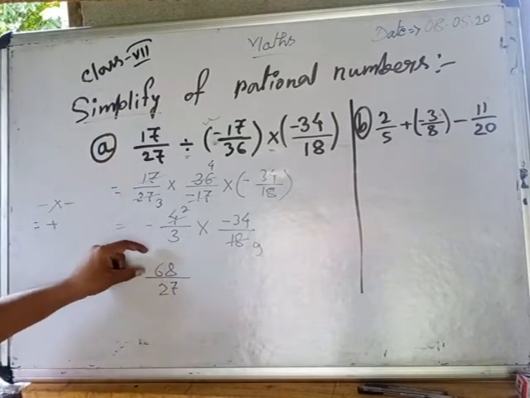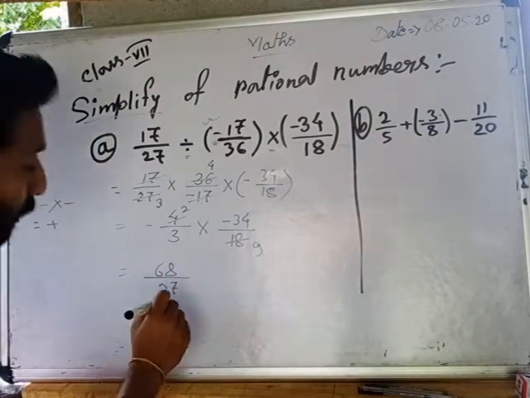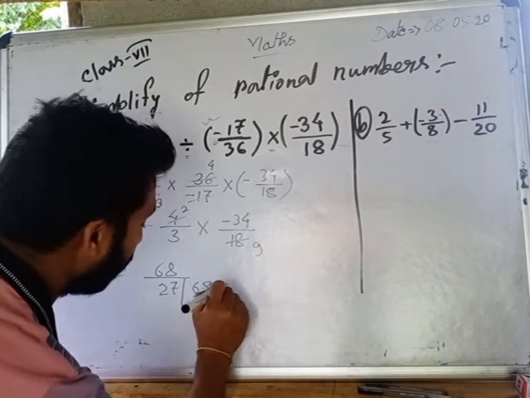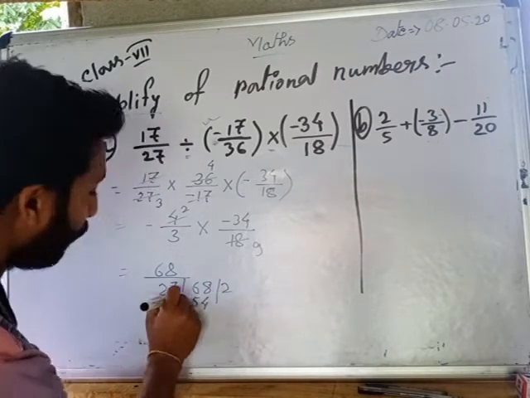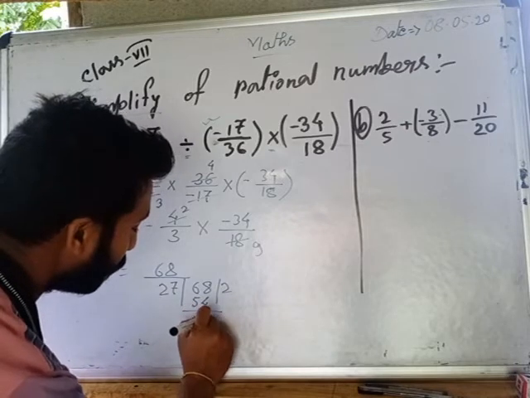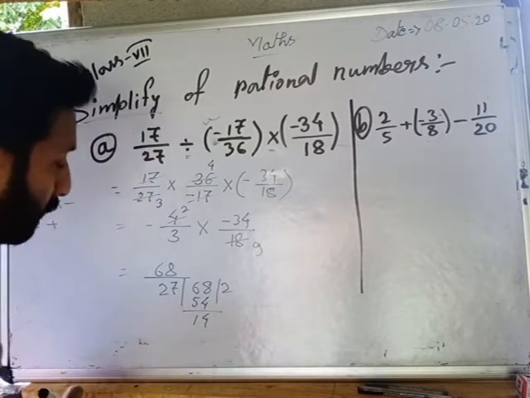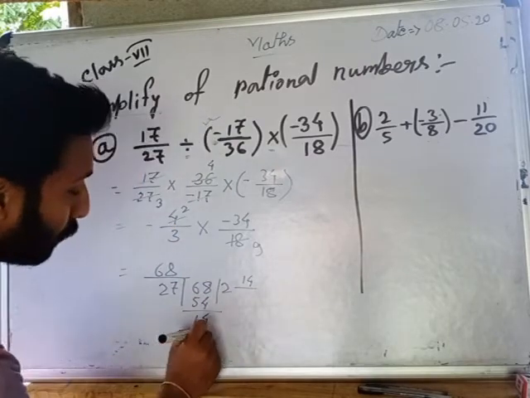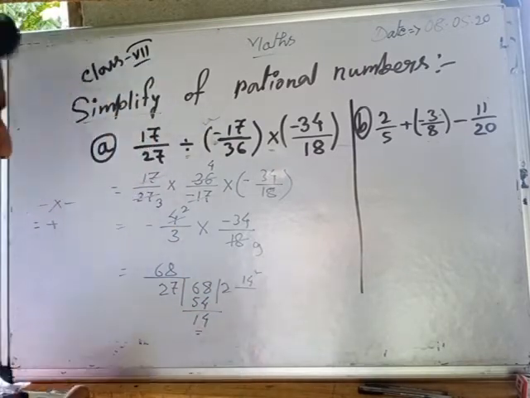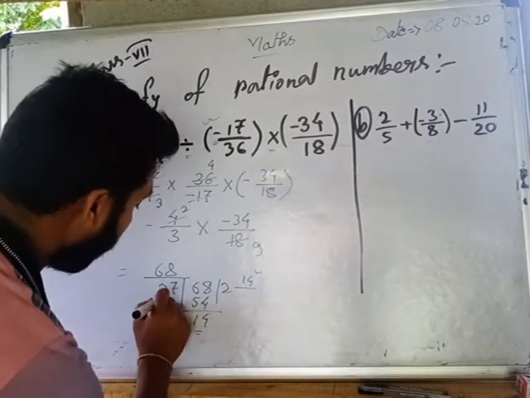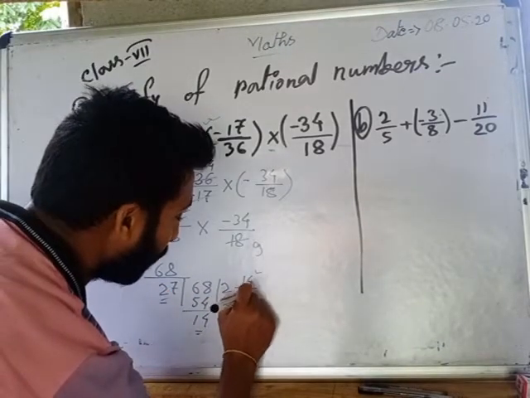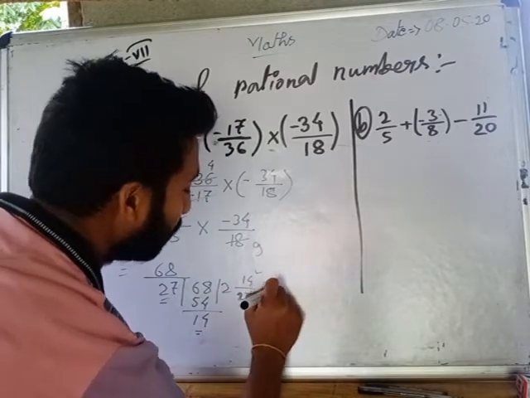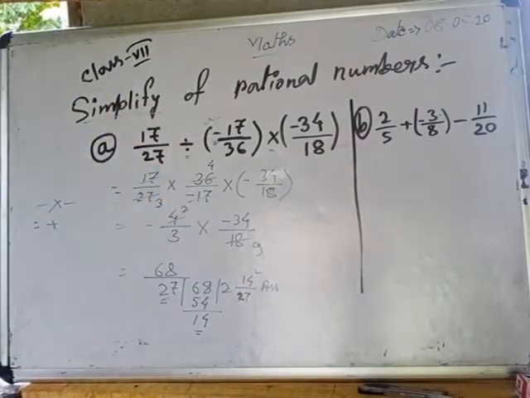If the numerator is greater than the denominator, we should divide it. 27 2s are 54, so we should write here 14. 14 as a quotient, so we should write here 14 as numerator and 27 as denominator. So the answer is okay.